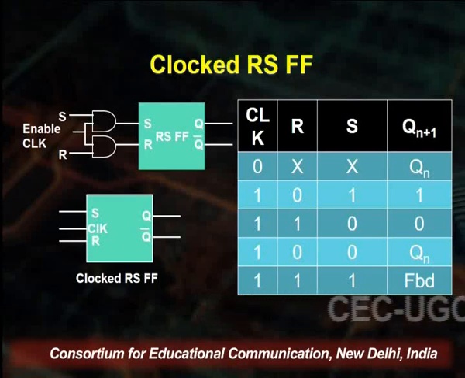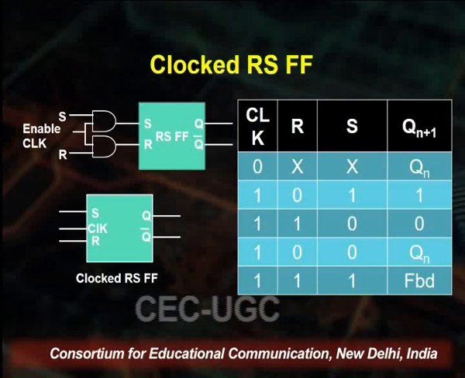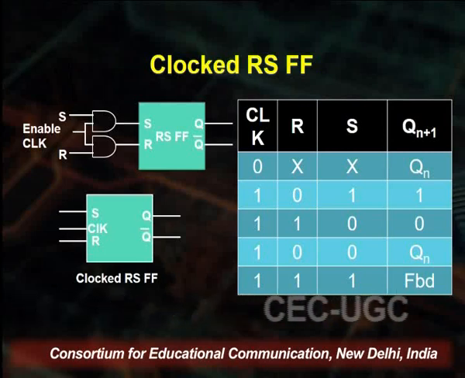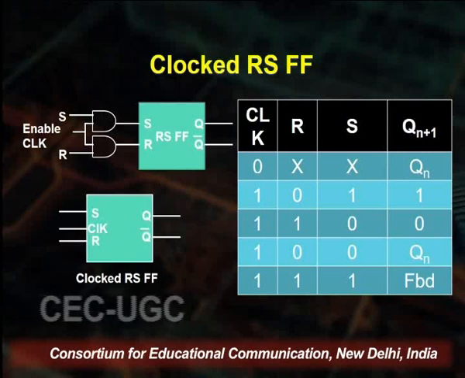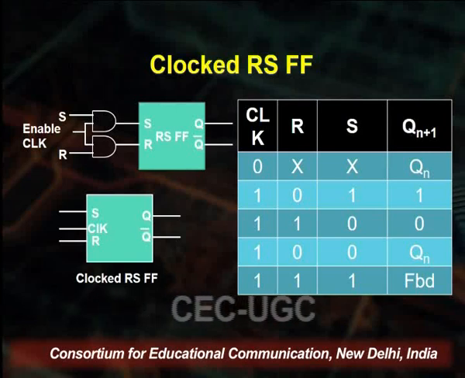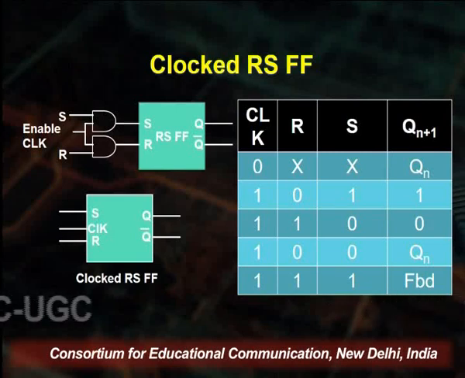That is, for S=0, R=0 with clock 1, it is the last state. For R equal to 1, S equal to 0, next state will be 0. For R equal to 0, S equal to 1, the next state will be 1, and the moment S and R both go 1, that state is forbidden.